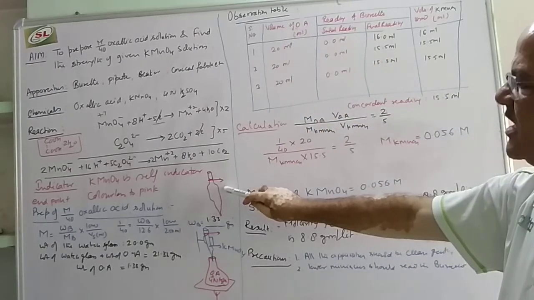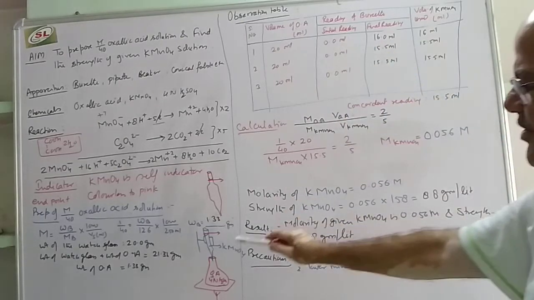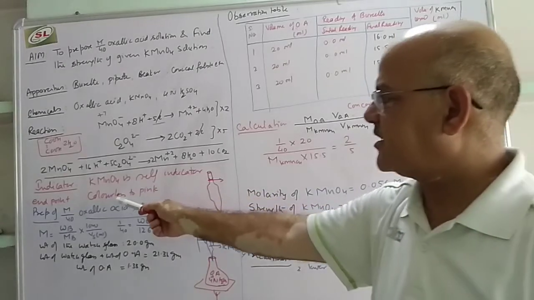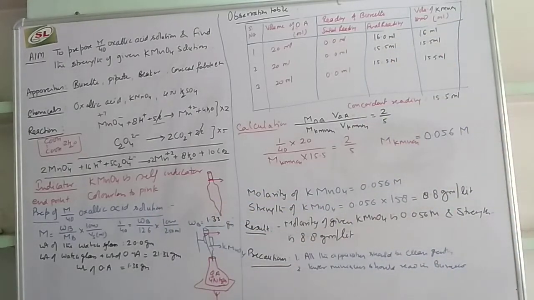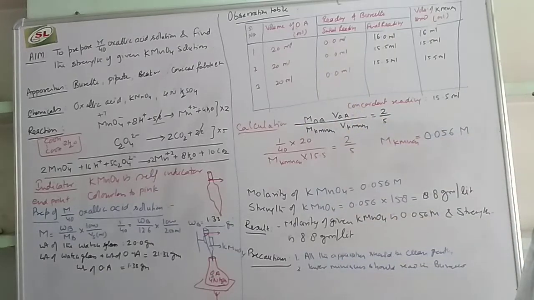Suppose we have taken 20 ml oxalic acid with the help of a pipette. Initial reading of burette is 0 ml and the color changes to pink at 16 ml, for example. So the volume of KMnO4 is 16 ml. Once again we will repeat it. Mind it, the conical flask must not have extra moisture.